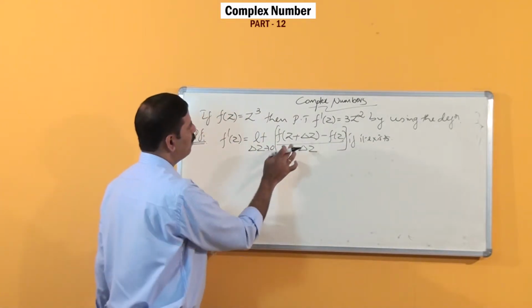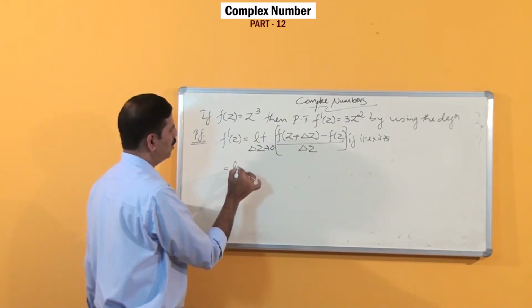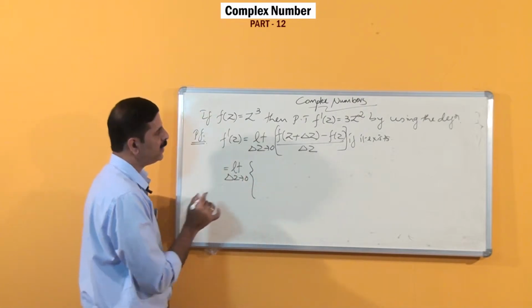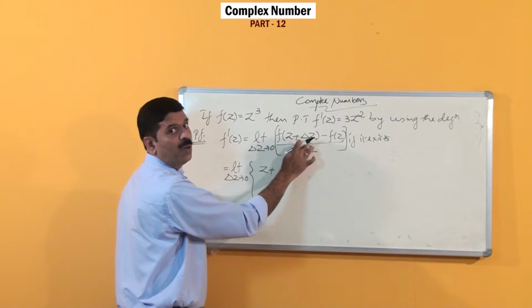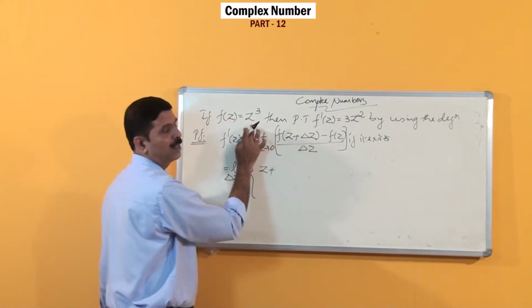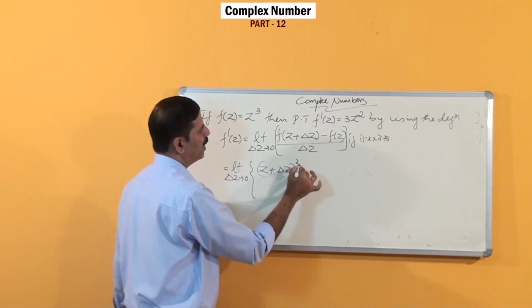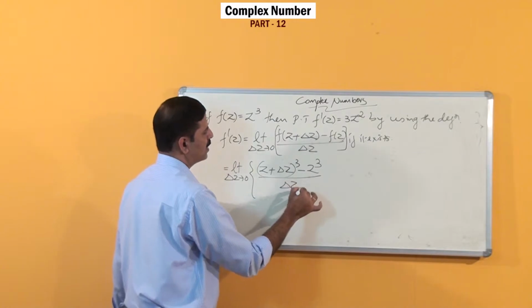Now, what is f of z given? z cube. Just substitute in the formula. This is z plus delta z, a small increment given to the value of z, whole cube, minus f of z, which is z cube, divided by delta z.